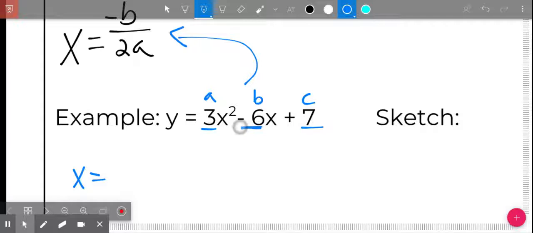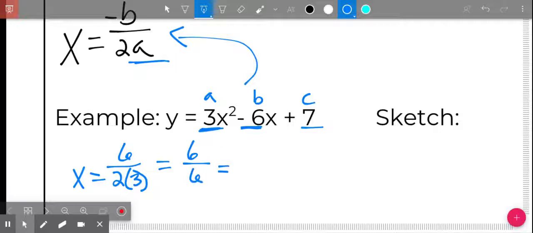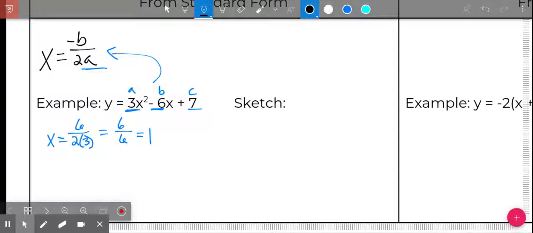So instead of a -6, we use the opposite, so it becomes a +6 over 2 times my a value, which is 3. And then I just simplify. 6 just stays up there. 2 times 3 gives me 6. I'm going to simplify this to 1. So this right here is my x value of my vertex, so 1.